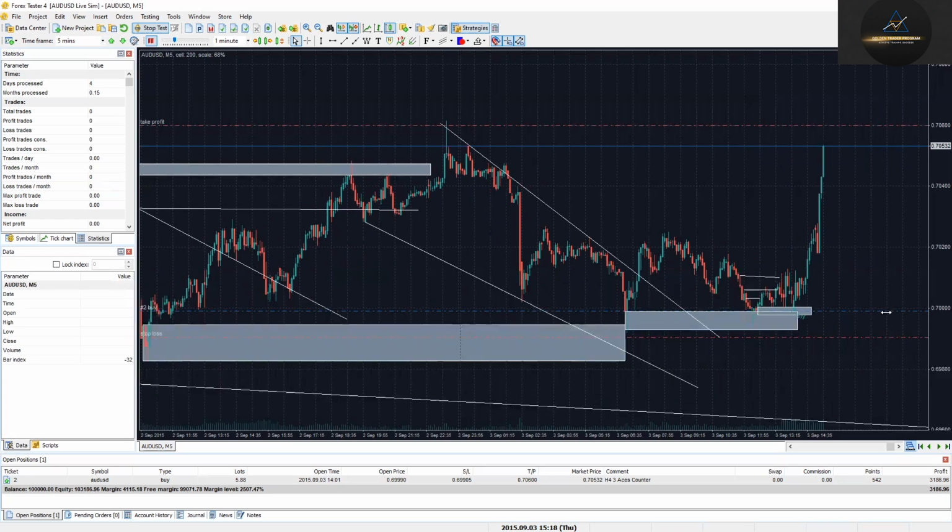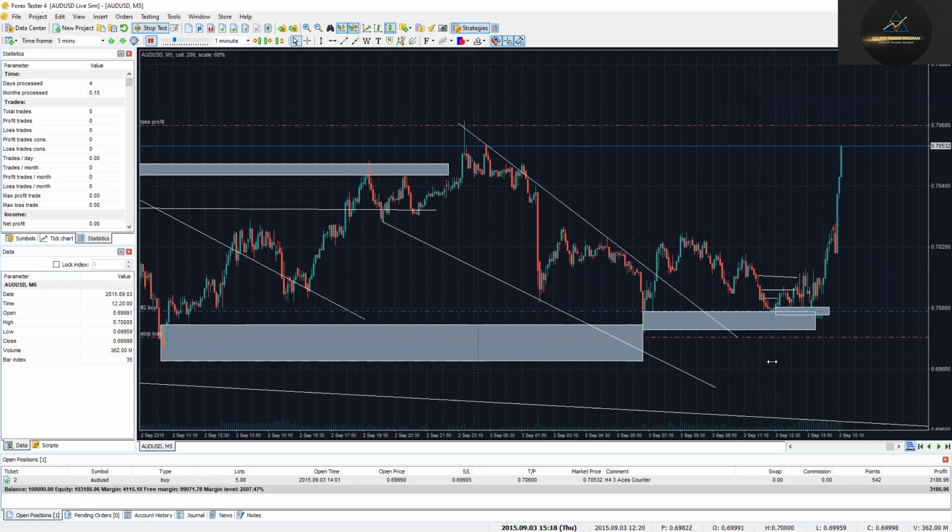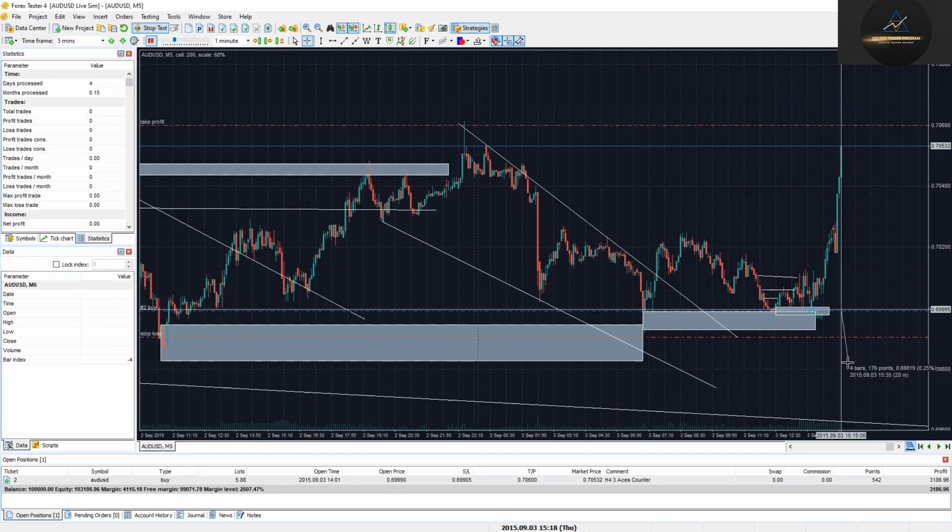Oh, and another little tip for you guys. When you get a psychological level like this, retail traders tend to place their stops about 20 pips, sometimes even up to 40 pips.